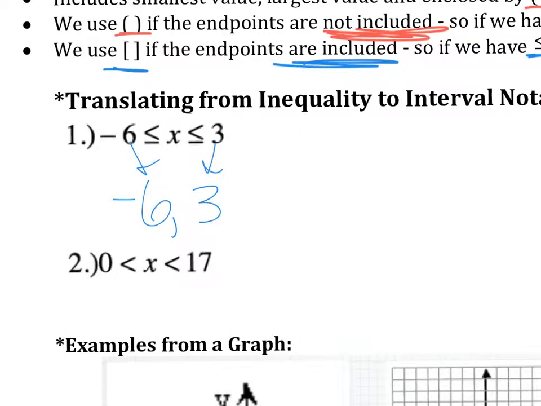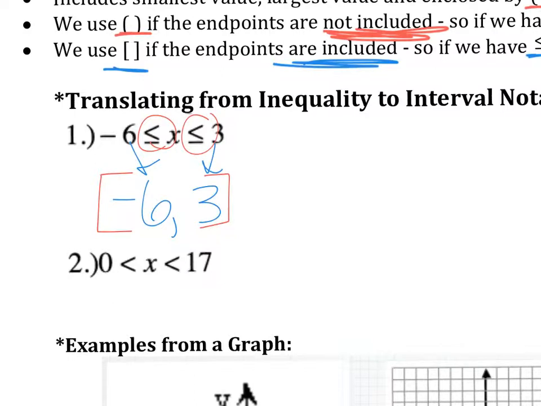And then we're going to look at the inequality symbols. So they're both less than or equal to, which means that they are included. So we are going to put brackets around our -6 and our 3. So any of those numbers, -6 and 3, including them, are part of the x's.